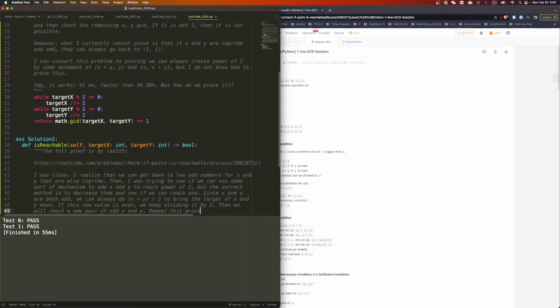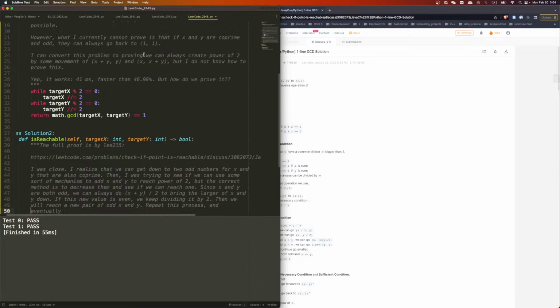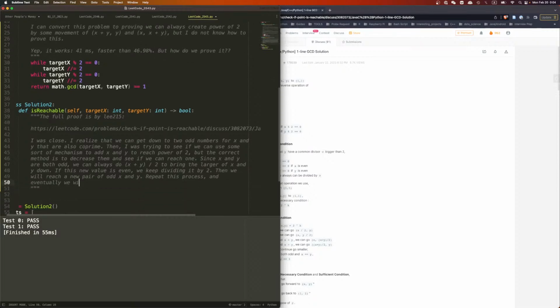Repeat this process, and eventually we'll reach a point where x equals y equals 1. Well, reach a point where x or y becomes 1. Yeah, because you keep dividing, and you divide. Eventually we'll reach a point where it becomes 1.